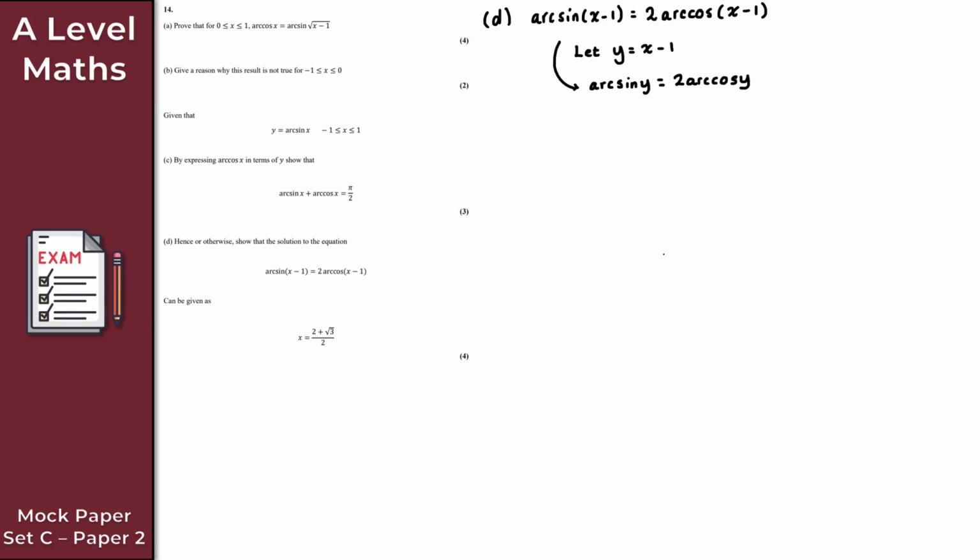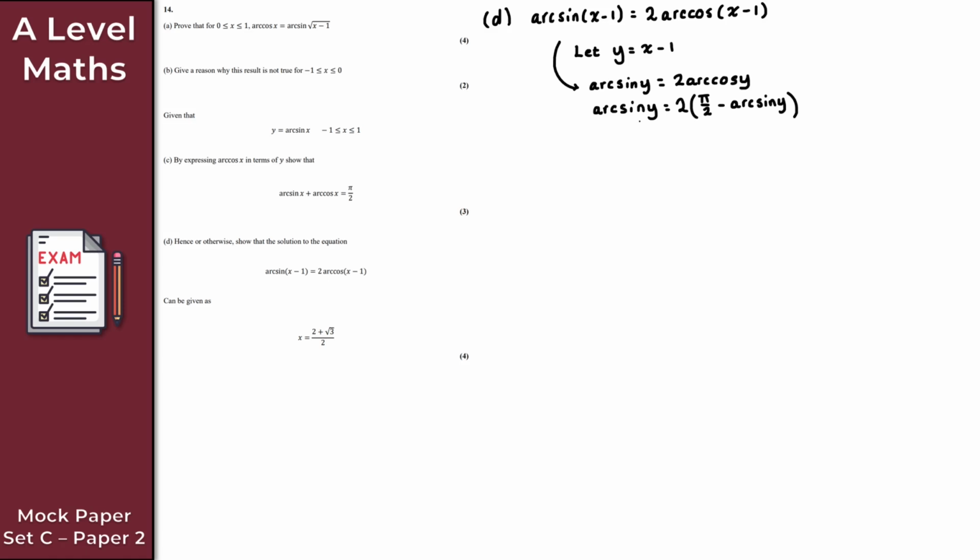And we know, which isn't going to be the most useful given that I've just cleared the screen, that arc cos y, using the result from part C, is pi over 2 minus arc sine y.